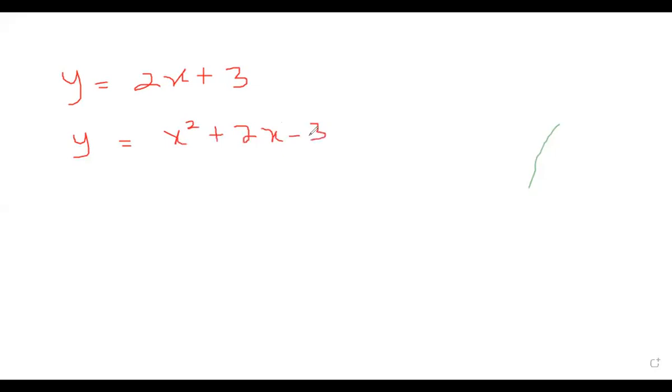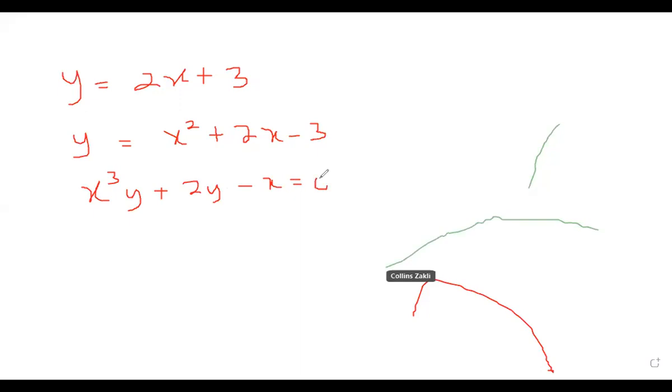Then you may also have met equations like this: x cubed times y plus maybe 2y minus x equal to 0, something like that.